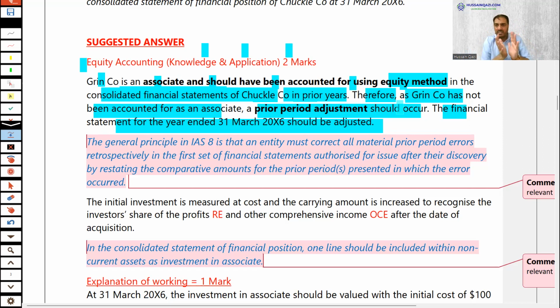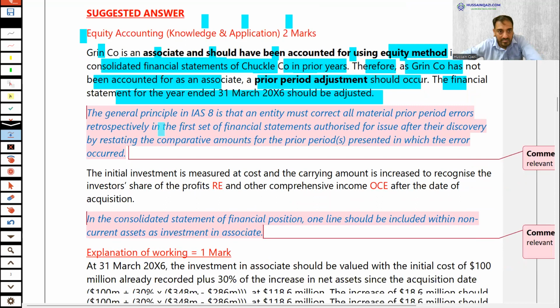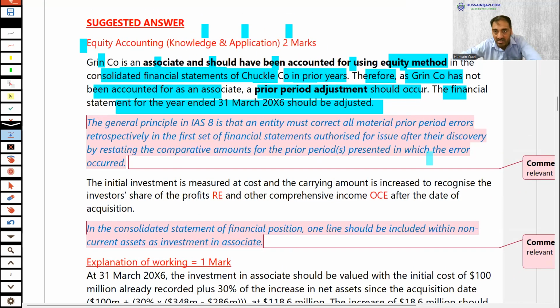A little bit of explanation about the prior period adjustment, because here it is only 2 marks. This explanation is available in the model answer, but I don't suggest that for 2 marks you need to incorporate more details.